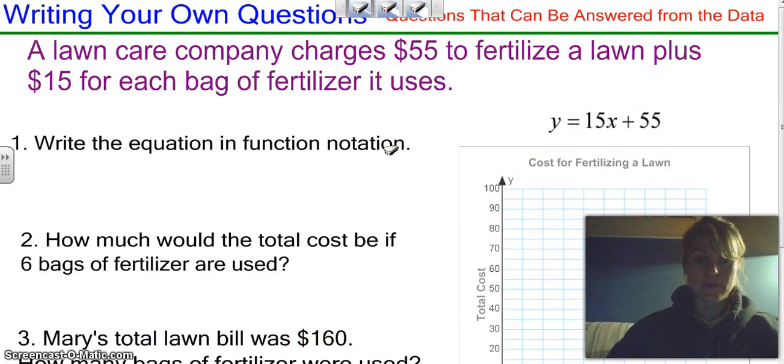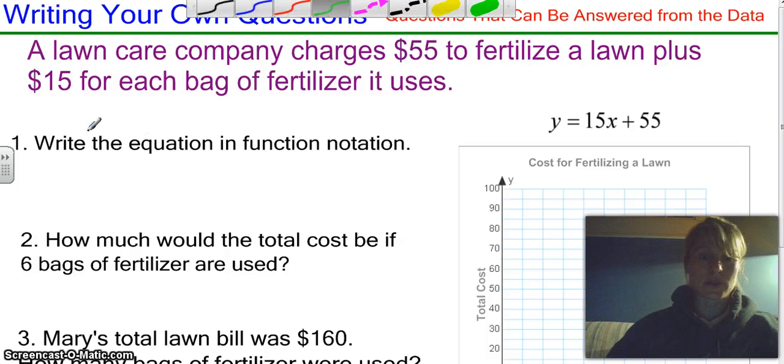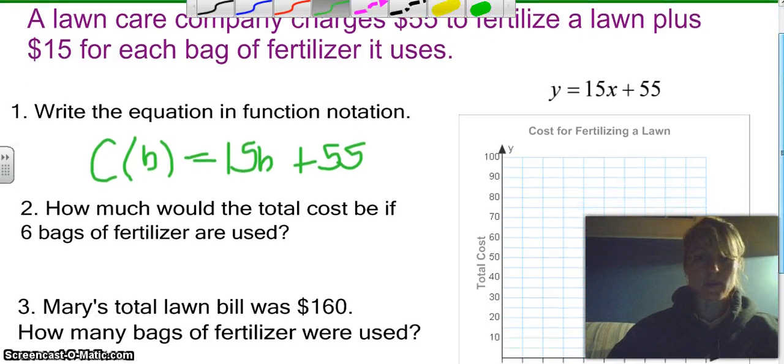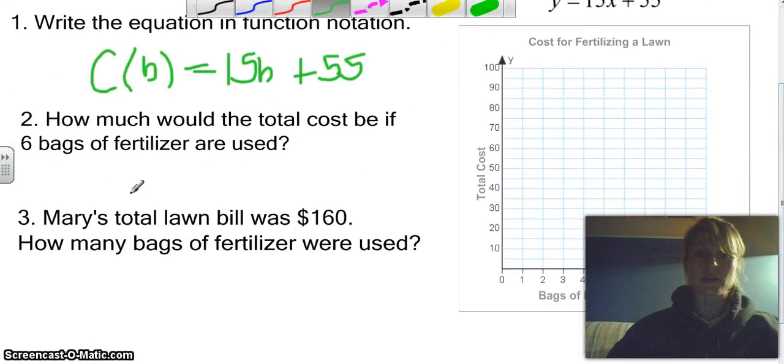All right, so we wrote that in functional notation just a moment ago. So we said that is the cost of the lawn with the bags of fertilizer. So we said that's 15 times the number of bags plus 55. So on your homework on Wednesday night, you're going to have to come up with that equation, and then you're going to have to plug in.